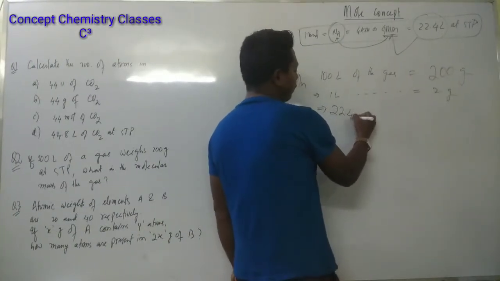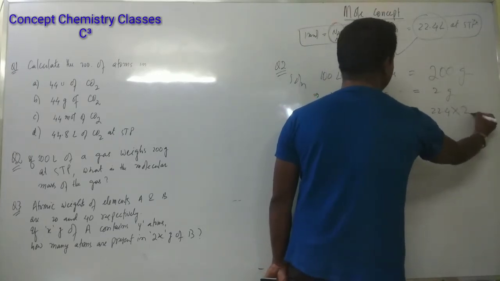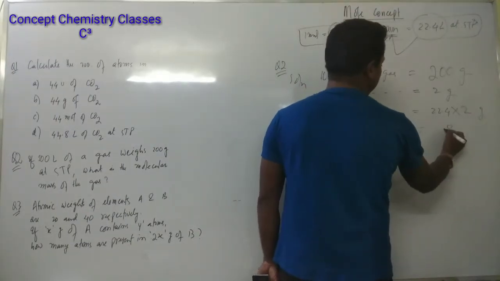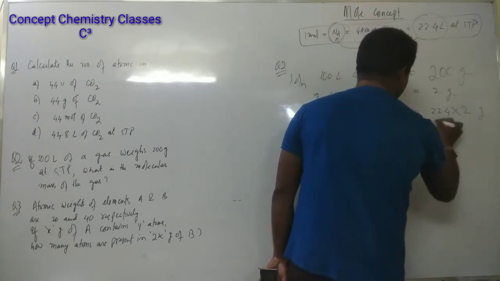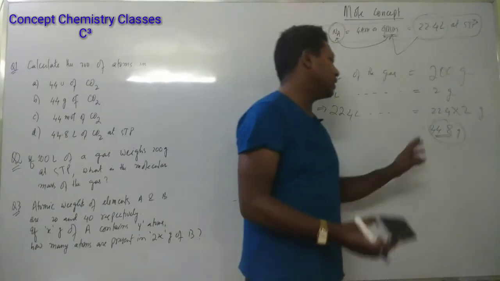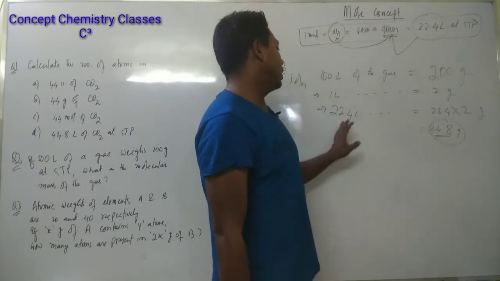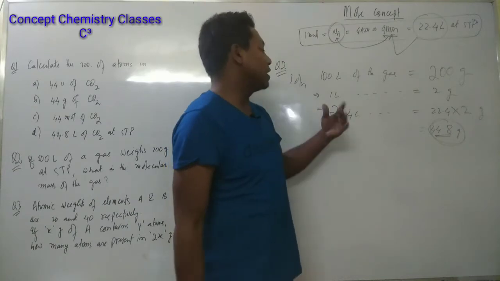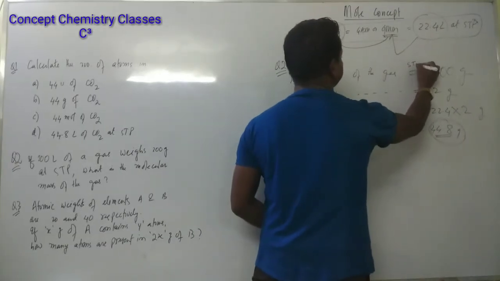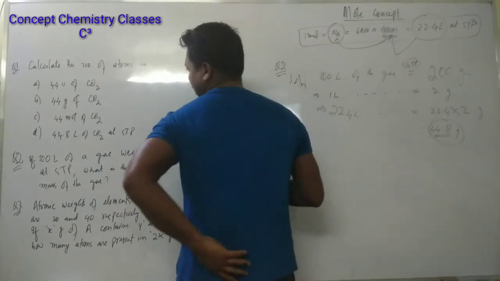Therefore, 22.4 liters of the gas will have 22.4 into 2, that is 44.8 gram. This number is the molecular mass of the gas, since this is the mass corresponding to 22.4 liters at STP. This is at STP since the question is given at STP. Now this is the answer of the second question.